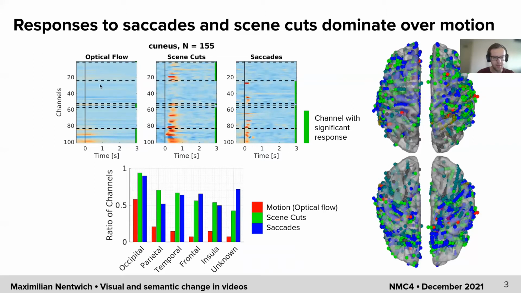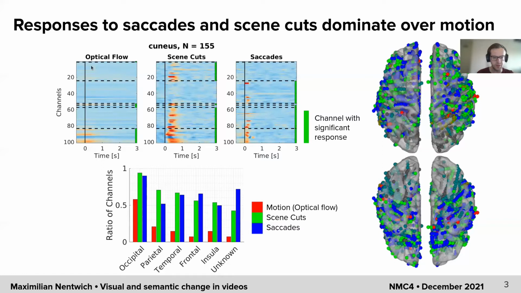We found the filters that map from each stimulus to the broadband high amplitude envelope, which is basically high gamma activity in the intracranial EEG. Each block here shows the filter, which is equivalent to an event-related potential in one channel, for all three stimuli: optical flow as a measure for motion, saccades and cuts.